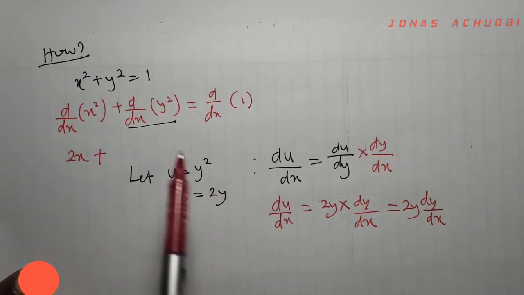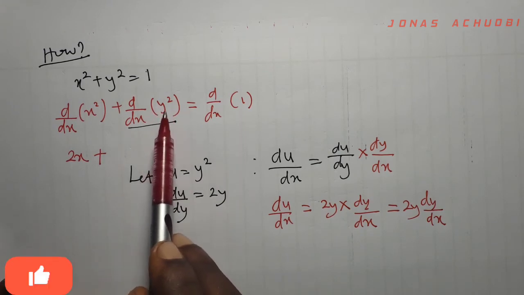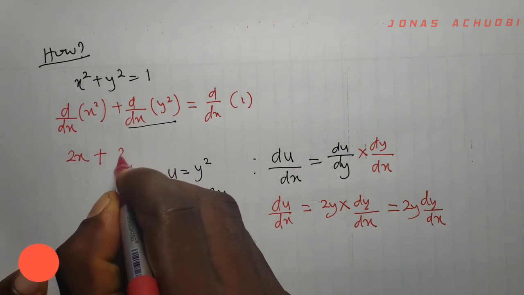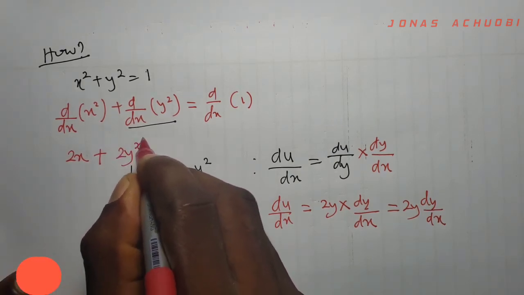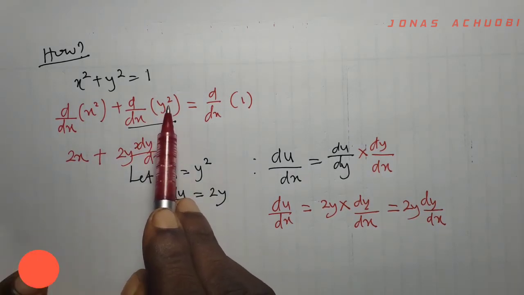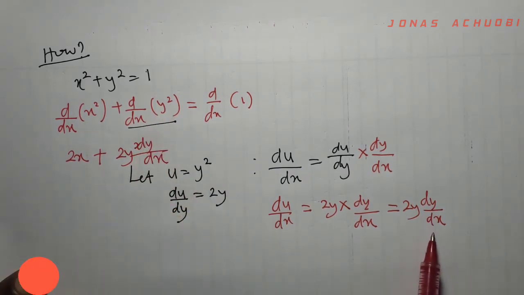So what do we see? To differentiate the function y squared in an implicit function, this will give you 2y times what? dy/dx. So this gives us 2y dy/dx.